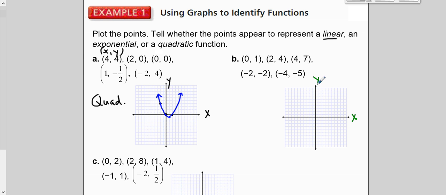Remember, over then up. 0, 1, over 0, up 1. 2, 4. 4, 7, over 4, up 7, negative 2, negative 2, negative 4, negative 5, so back 4, down 5.